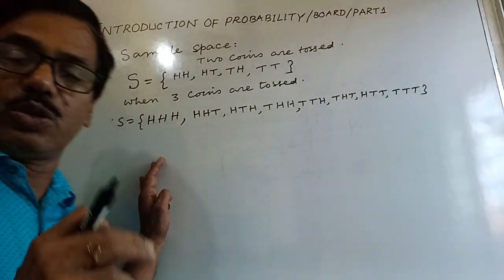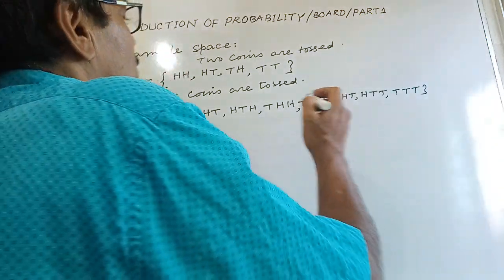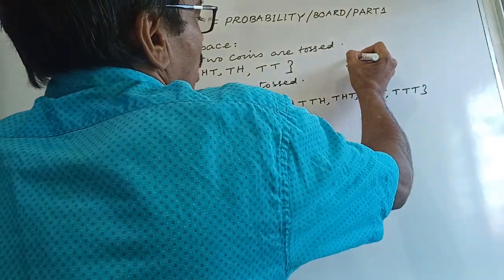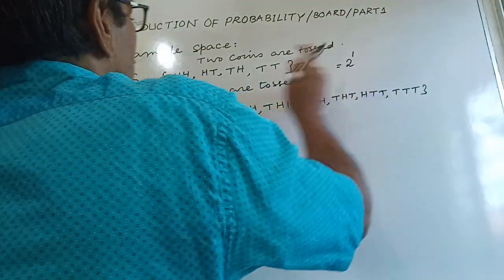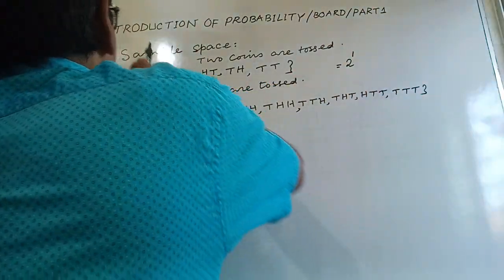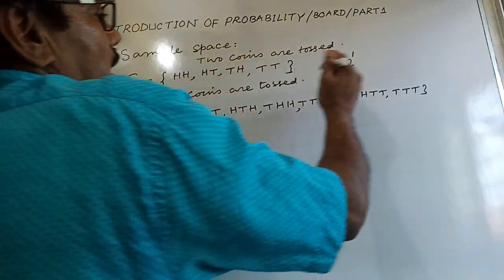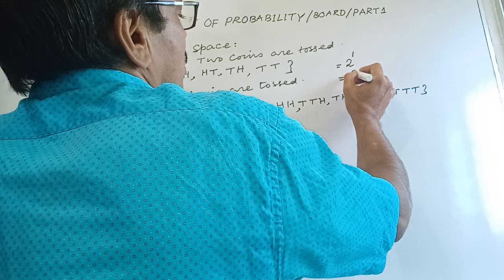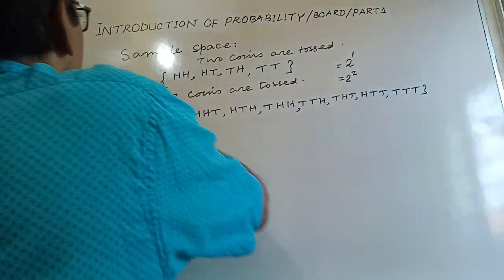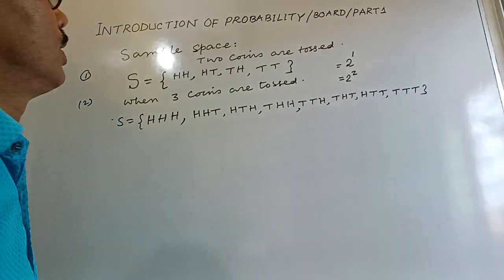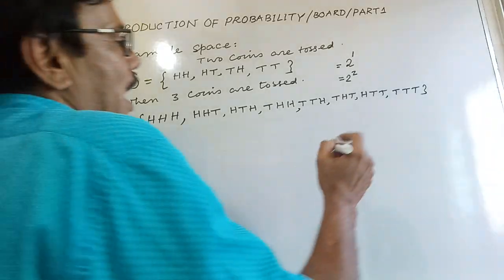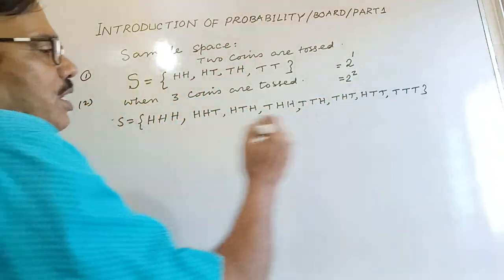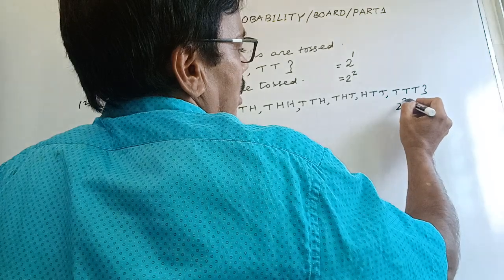If a coin is tossed one time, the total number of sample points is 2 to the power 1, that is 2. If a coin is tossed 2 times, the total is 2 squared, which is 4. If it is tossed 3 times, then 2 to the power 3.